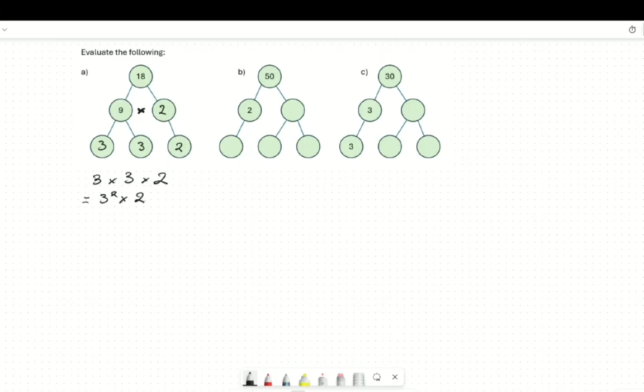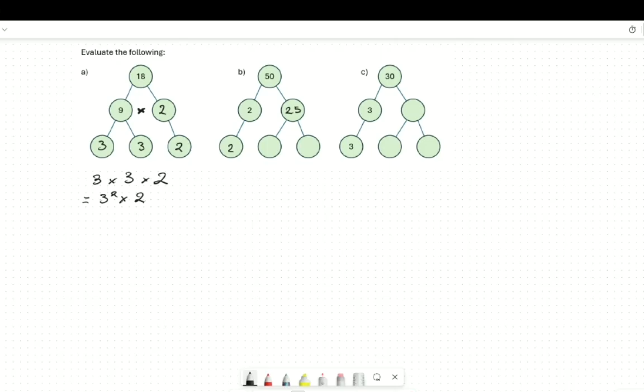Alright, let's look at our second one. We're going to find the prime factorization of 50, and they've given us our first breakdown, 2. So we can divide 50 by 2 and we get 25. Obviously 2 is a prime number and we can't decompose it anymore, so we bring the 2 down to the bottom. After that, we look at 25.